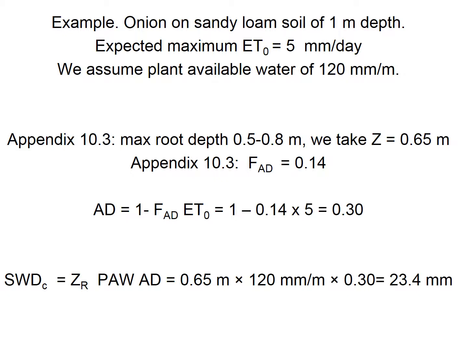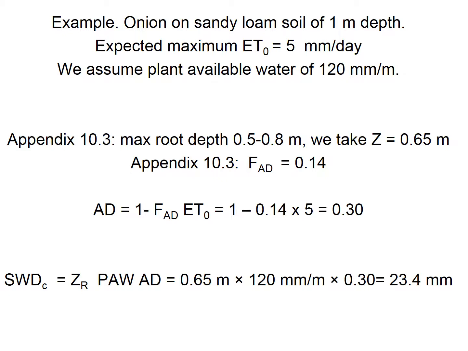We take the mean value of that interval, in other words, 0.65 meters. In the same table, we can also find that the factor FAD for onion is 0.14. Therefore, we apply the equation for calculating AD as 1 minus FAD multiplied by ETO, 1 minus 0.14 multiplied by 5, which leads to 0.3 for AD.